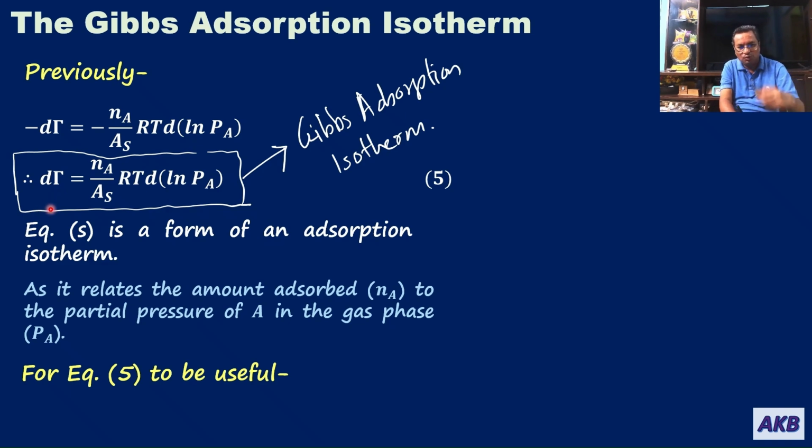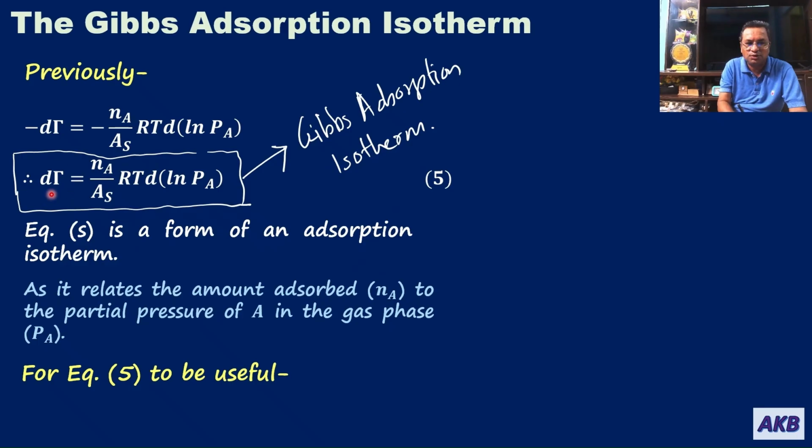If you know the equation for d capital gamma, you can replace d capital gamma in the equation, simplify it, and put the equation in an appropriate form, which will be useful for finding out the surface area of the adsorbent, that is As. So we are going to understand that. Over here we get what is the Gibbs adsorption isotherm. So this equation is the Gibbs adsorption isotherm.